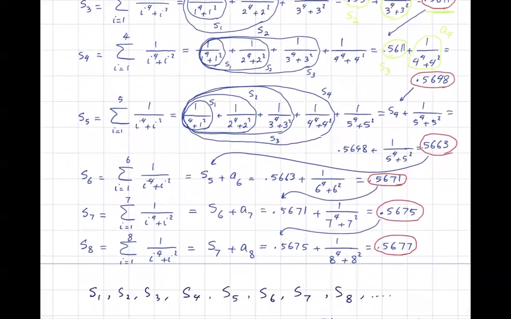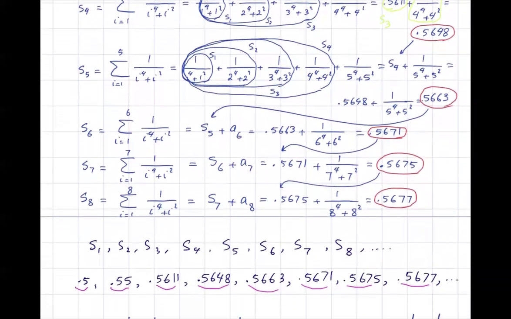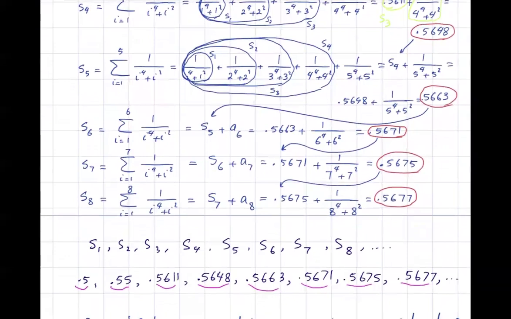You calculated the first 8 partial sums. If you look at the sequence itself, the very first term of the sequence is S1, the second term is S2, S3, S4, and so on.